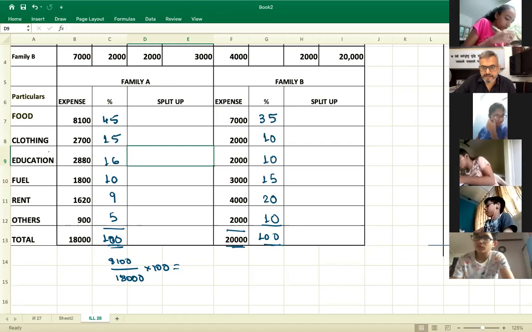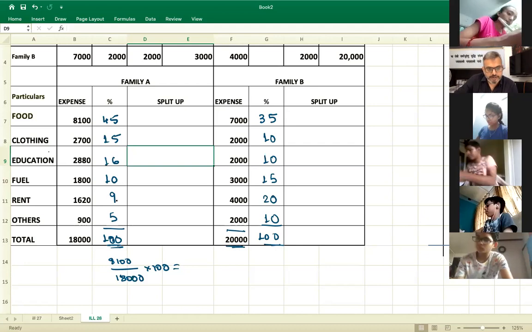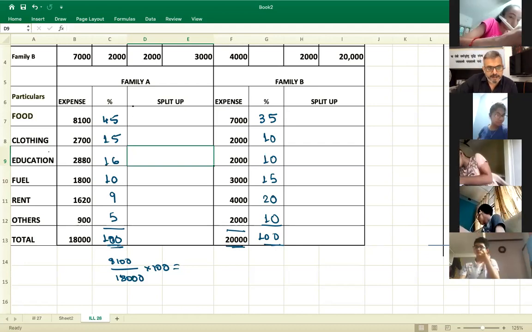Understood? Anyone else? Okay, now when we go to split up में the rule is total में से हर एक को minus करना है.